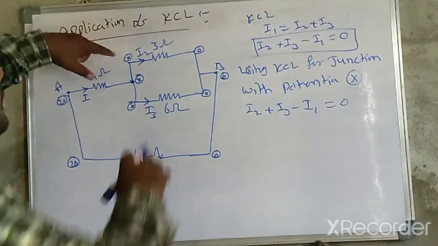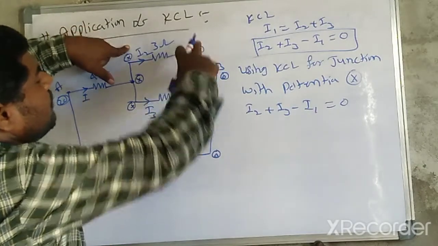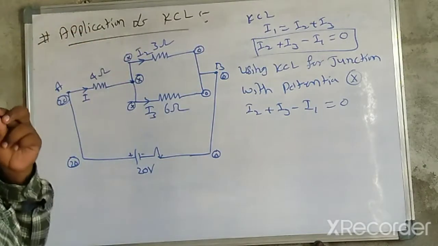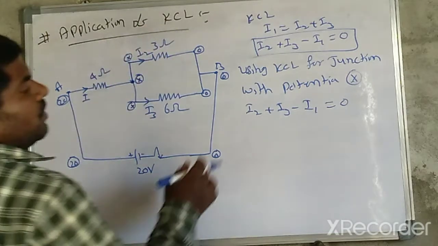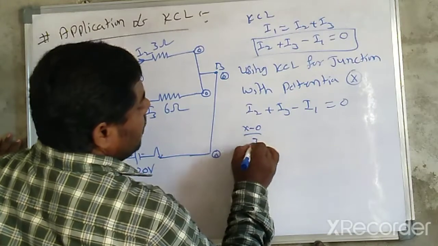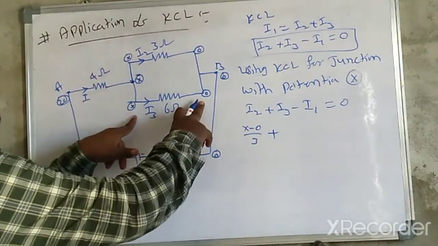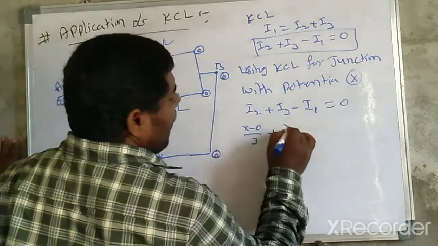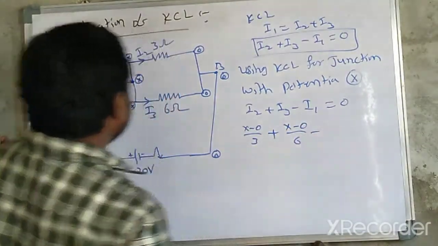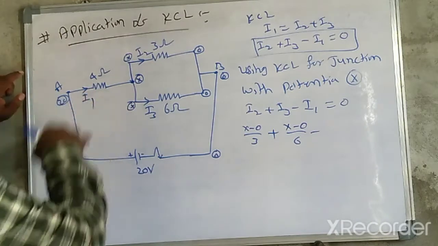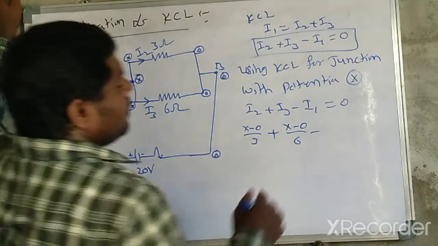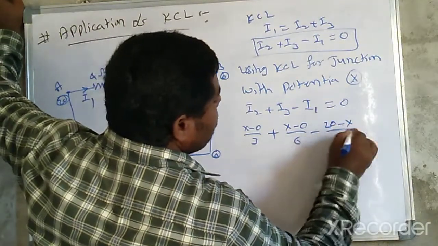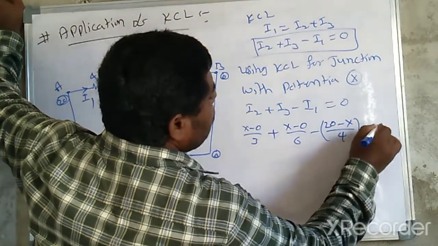I2 is nothing but X minus 0 divided by 3, across this, is the I2 current. According to Ohm's law, V is equal to IR, where V is the potential difference across this terminal. So X minus 0 divided by 3, plus I3, across this resistor, X minus 0 divided by 6, minus I1, which is across this resistor, 20 minus X divided by 4, is equal to 0.